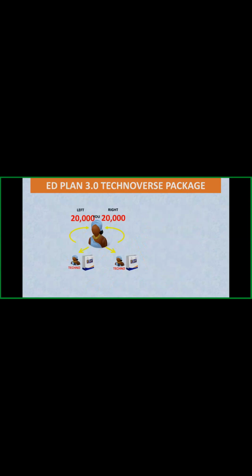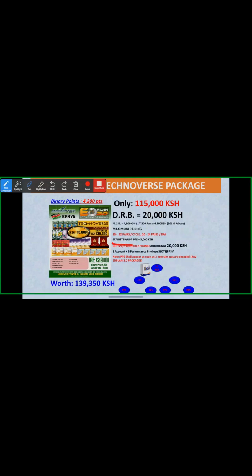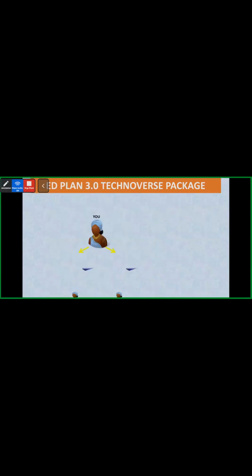This Technoverse package comes with this 3,000 Kenyan shillings stair-step points. These are points. I'll show you guys when you get to stair-step how you can calculate with the stair-step. So now the rest is the same.